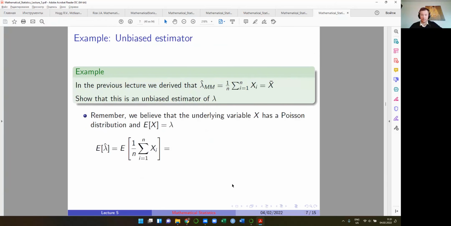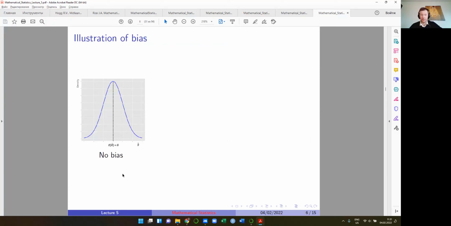If you go back to the picture here, we want the spread around the true population parameter, when the estimator is not biased, to be as tight as possible. This bell must be as tight as possible. In this case, we call this estimator efficient.